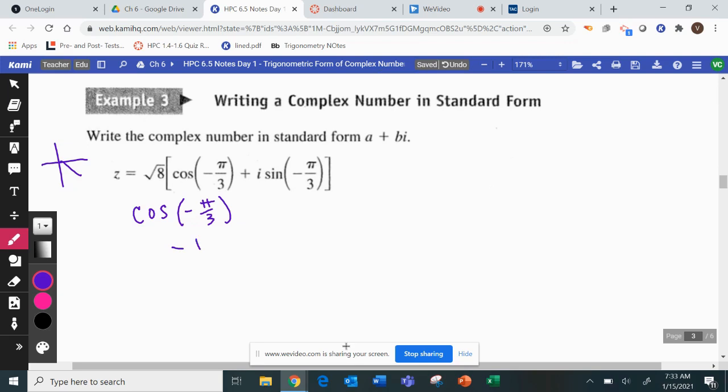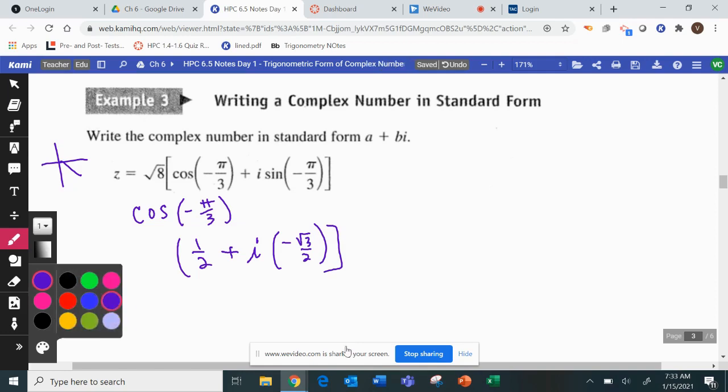So that's going to be negative a half. Nope, not negative. That's going to be a half. And then plus, and then we have our i, and then we have to do sine at the same location. That's going to be negative square root 3 over 2.